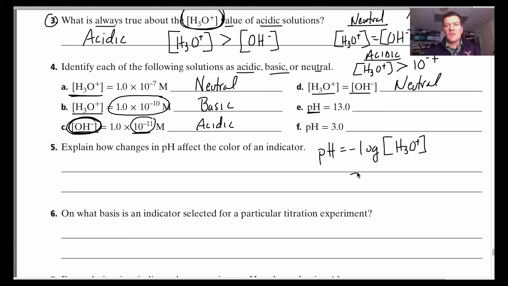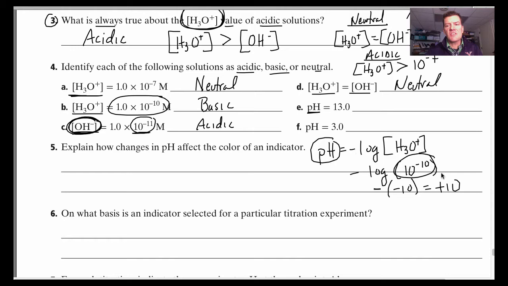If I do the negative log of 10 to the negative 10, well, forget about the negative in front for a second. The log of 10 to the negative 10 is asking you 10 to what power gives you 10 to the negative 10? Well, that answer is negative 10. And then you take the opposite of that. When this is a very small number, and then you take the opposite of that log, you're going to get positive 10.